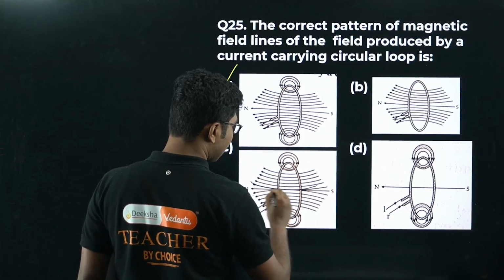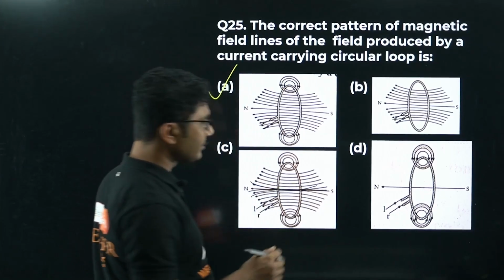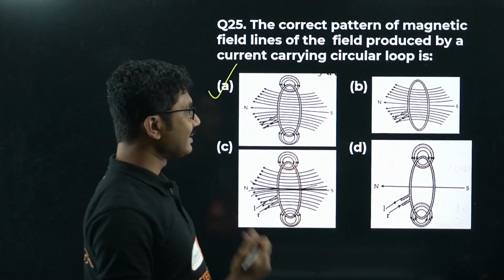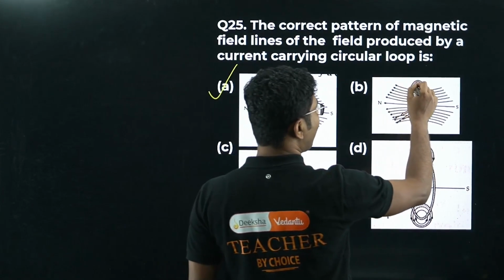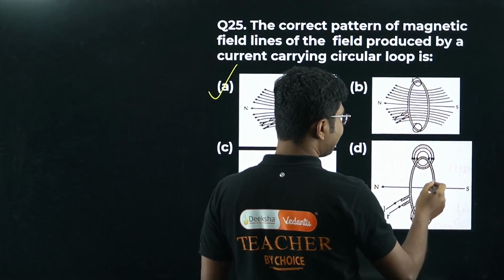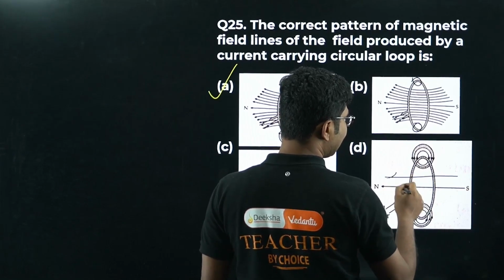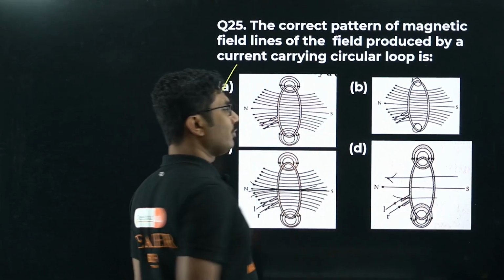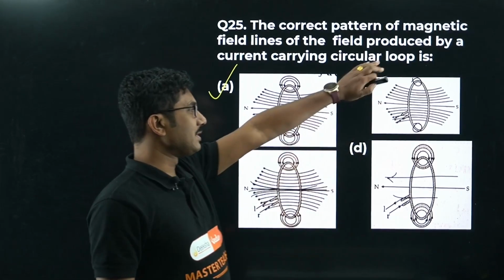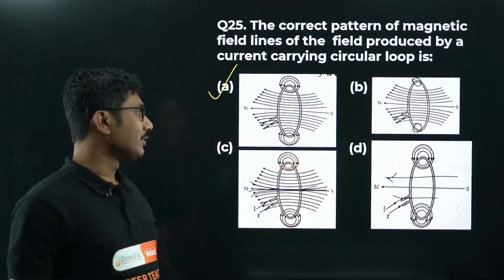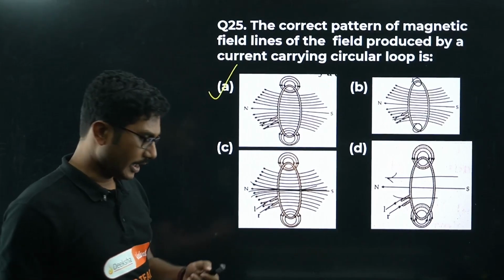This line and these three lines are overlapping, which is not possible. Magnetic field lines can never overlap. In this case they have not given these circular lines here, and in this case they have not given the central lines here. So in these two you can again use 50-50 like KBC, so you can just ignore this. Only this one is the correct answer.